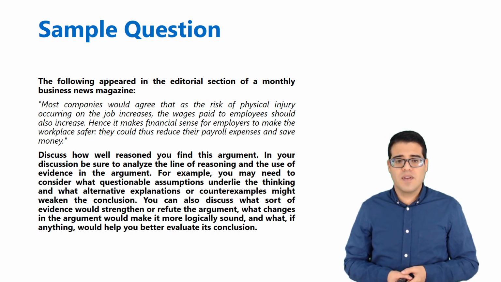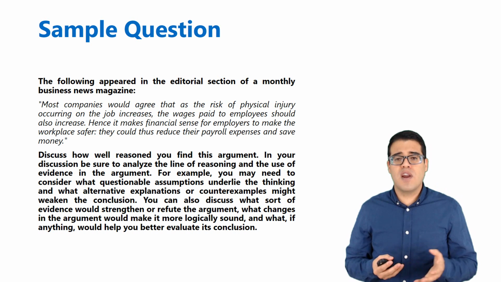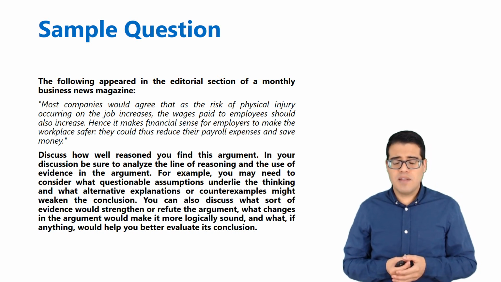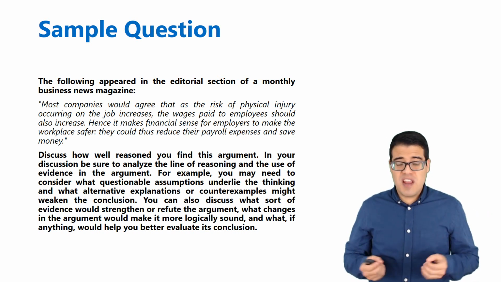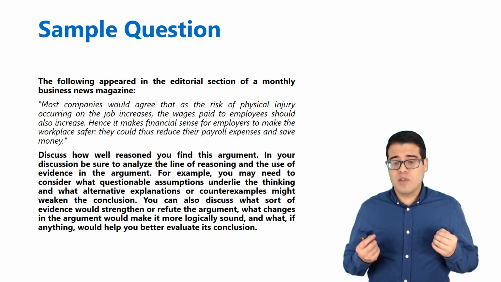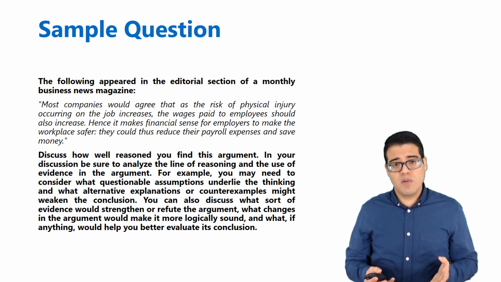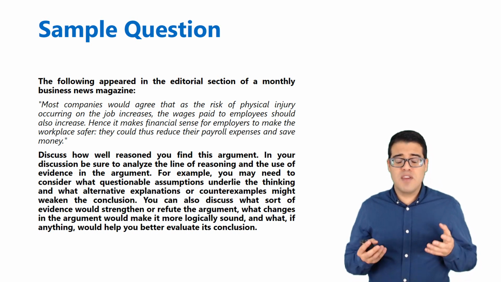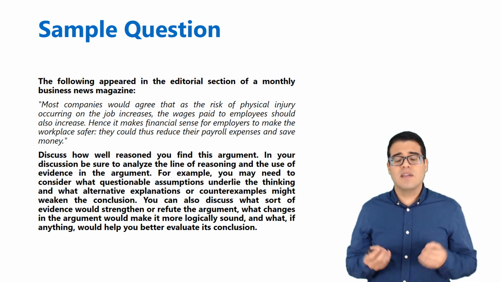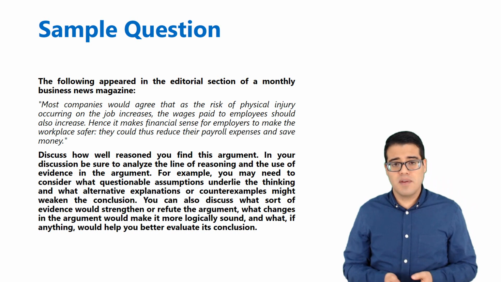Also, what evidence would strengthen or refute the argument? Well, it's quite important to try to think what the argument is missing. Is there any sort of evidence that could strengthen the argument's conclusion? Okay. Or what would help the author better evaluate his or her own argument?